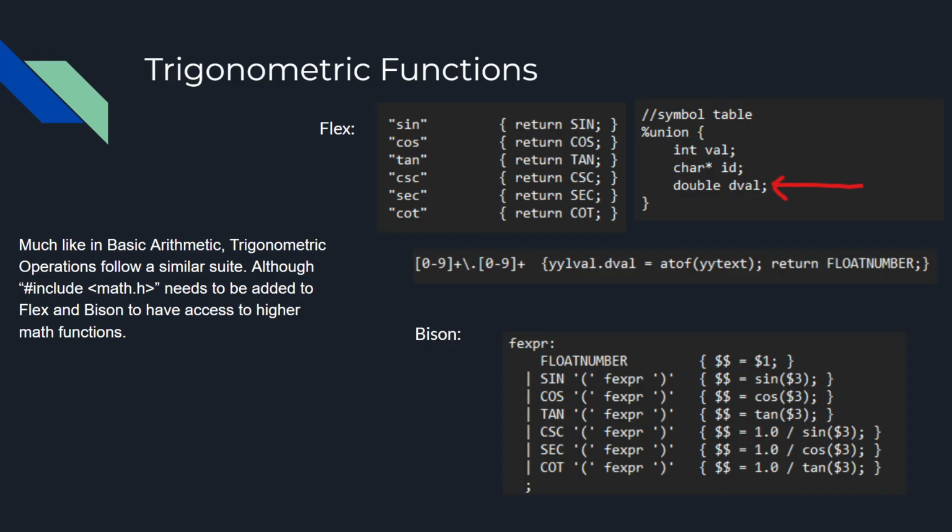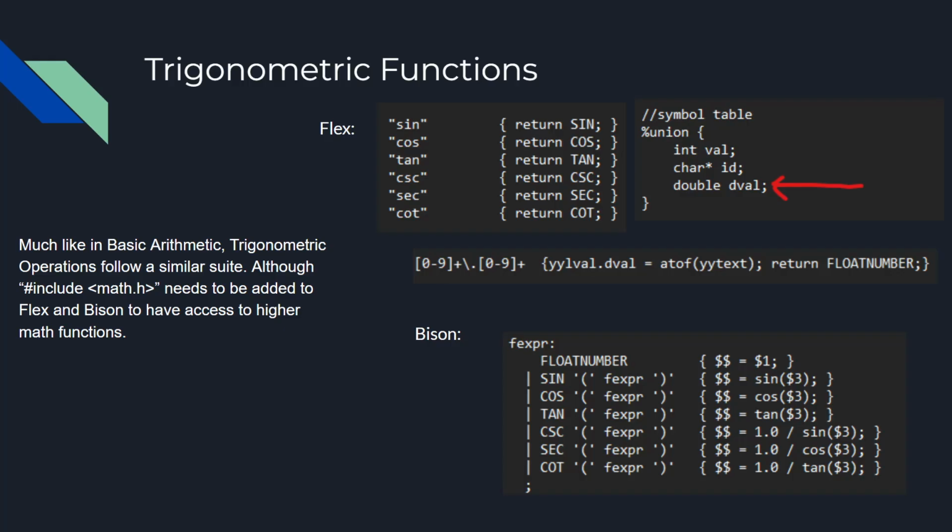And then on the Bison side, it's pretty much the same exact thing. So instead of just a regular expression, we got F expression for ours. So when you enter it, it'll be sine, left parenthesis, the number, and then right parenthesis. And then once you enter that, it will give you the number.